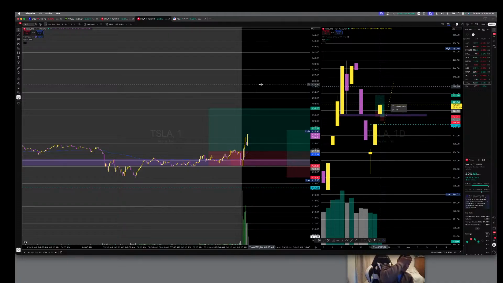Yeah. It's grinding. Qs looks like they're coming down.